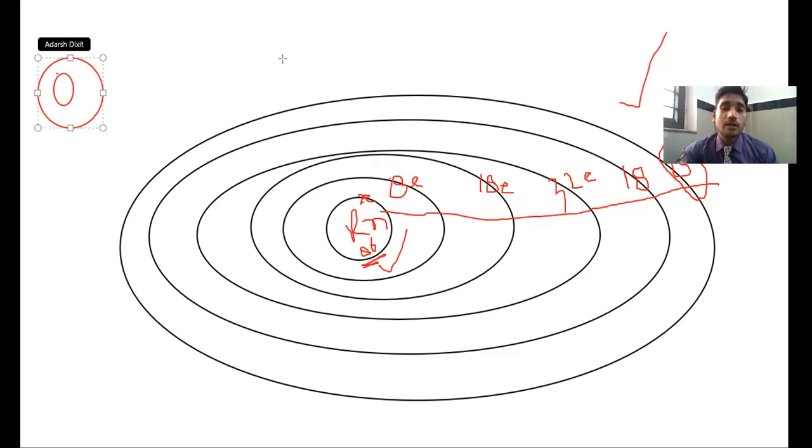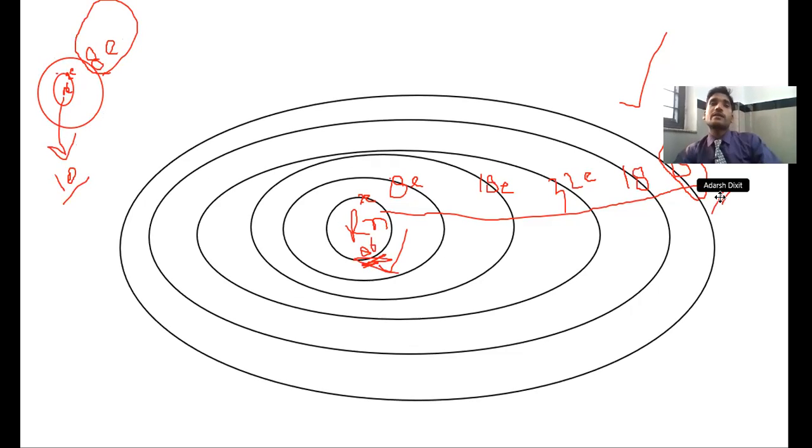And in case of neon, two electrons are present in the first shell and 8 electrons are present in the second. Neon has 10 protons. So 10 protons are attracting 8 electrons. Here 86 protons are attracting 8 electrons of the outermost shell. Then according to this perception, radon must have a higher ionization enthalpy, right?